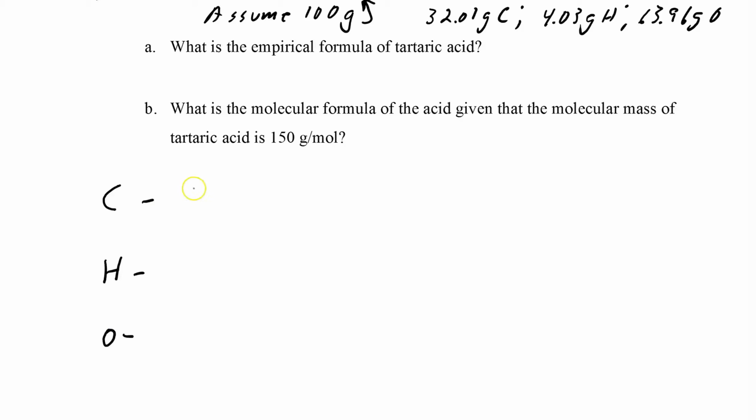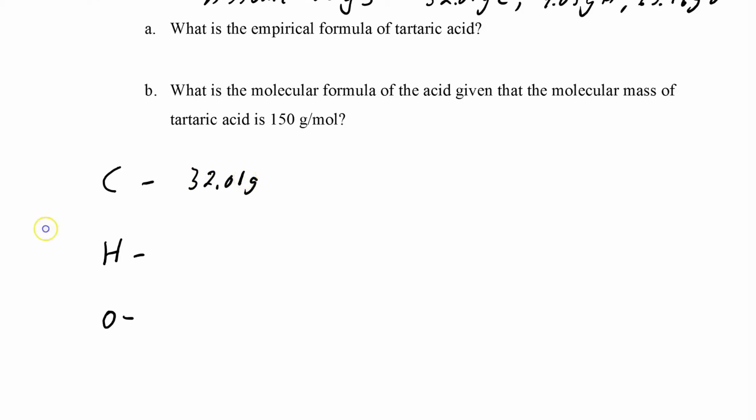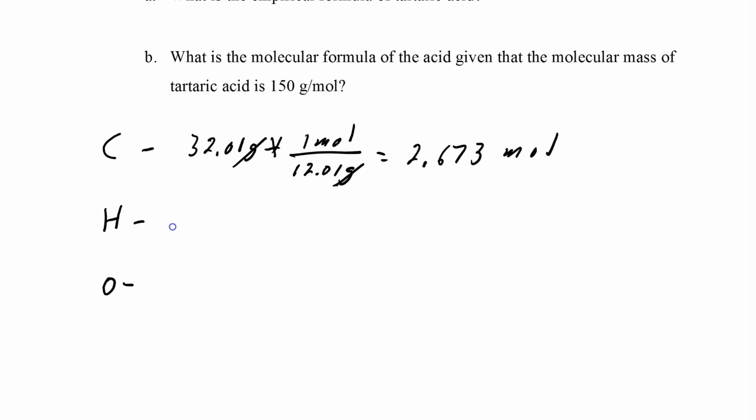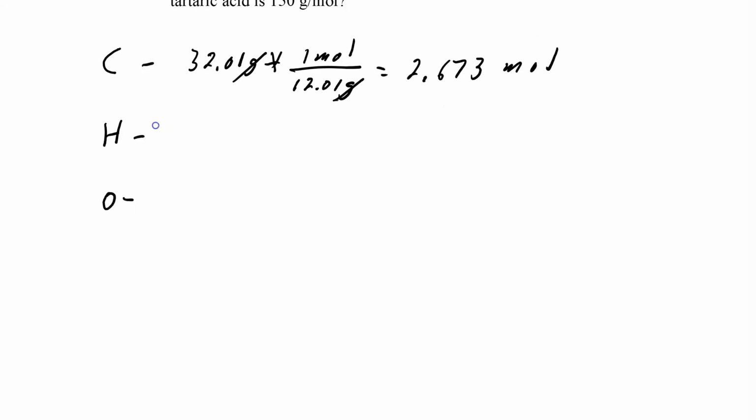Starting with carbon, we have 32.01 grams times the molar mass of carbon, 1 mole contains 12.01 grams. Grams cancel, and we do the math on that. We get 2.673 moles.